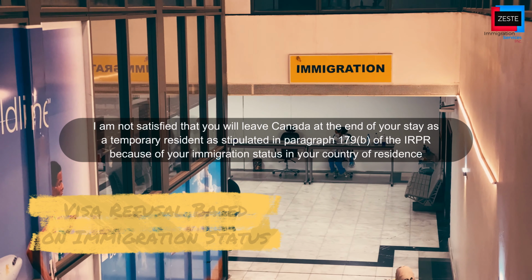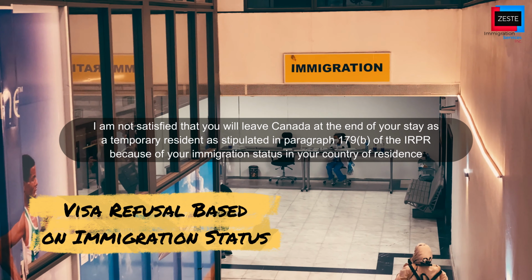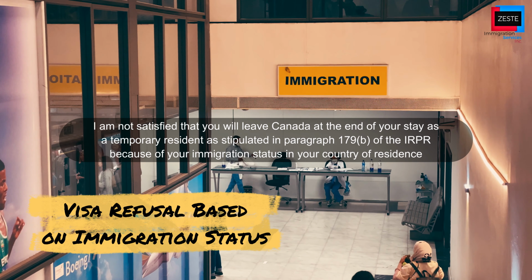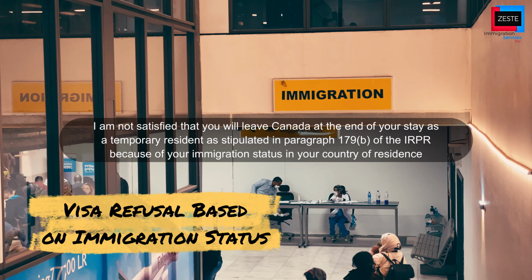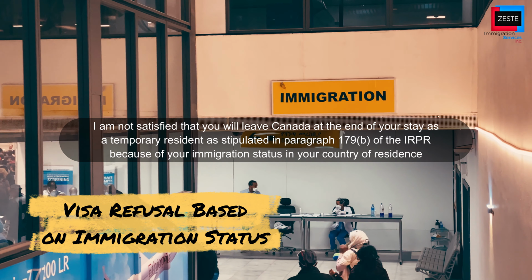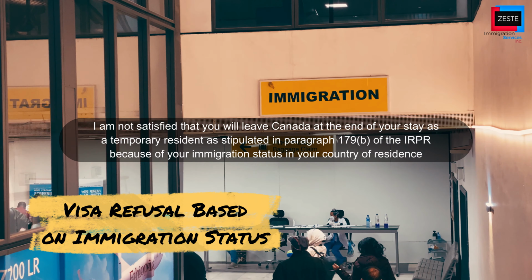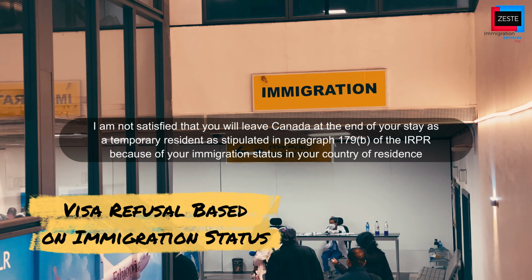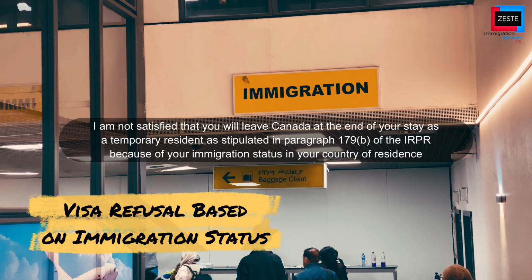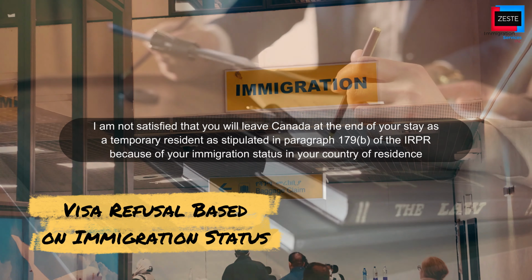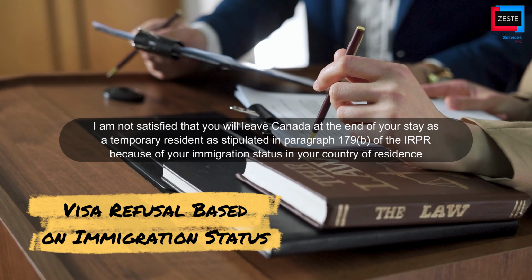Visa refusal based on immigration status. In order to submit an application for a visa to come to Canada, the applicant is required by law to have a legal status in the country where they are located when they submit the application. Besides having legal status there, the applicant also must have been admitted to the country for a minimum amount of time or their visa application will be refused.